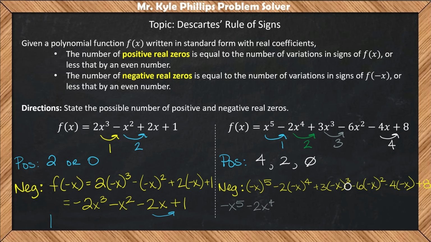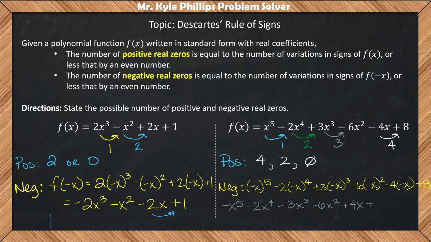Negative x cubed is a negative x cubed, and then this positive times that negative would make that minus 3x cubed. Negative x squared is going to be positive x squared, but that's being multiplied by negative 6. Negative 4 and negative x is a positive 4x, and then I have my positive 8.